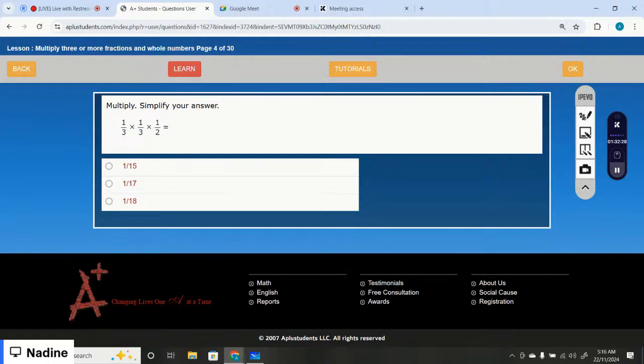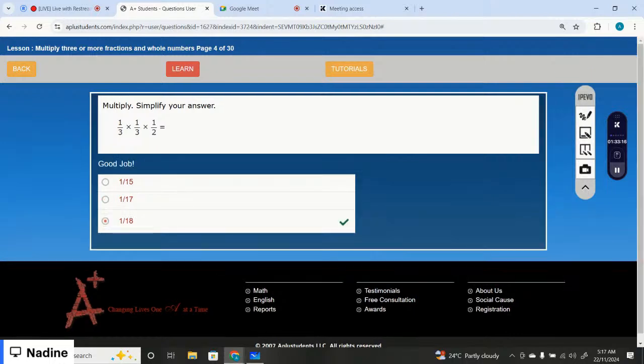1 by 3 times 1 by 3 times 1 by 2, which is the correct option? That is 1 over 18.